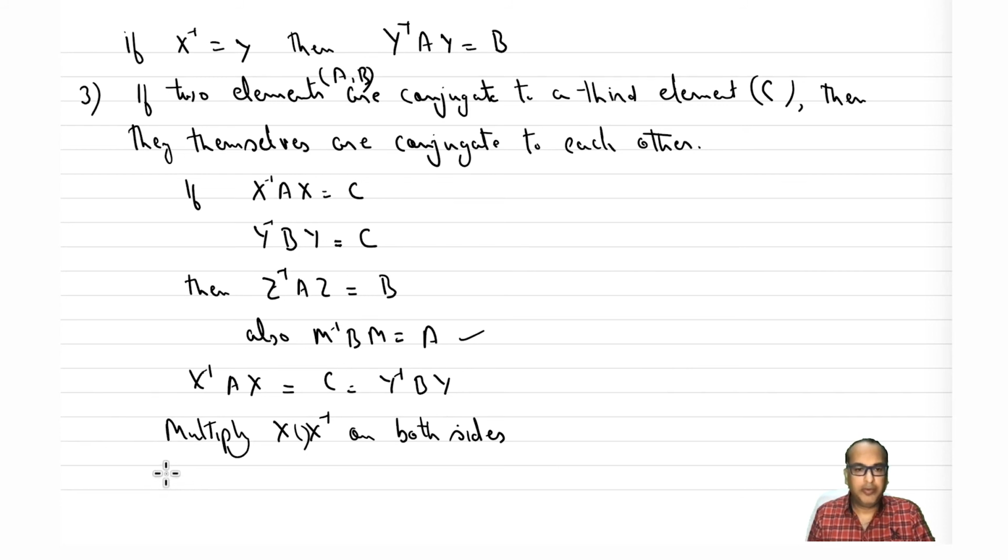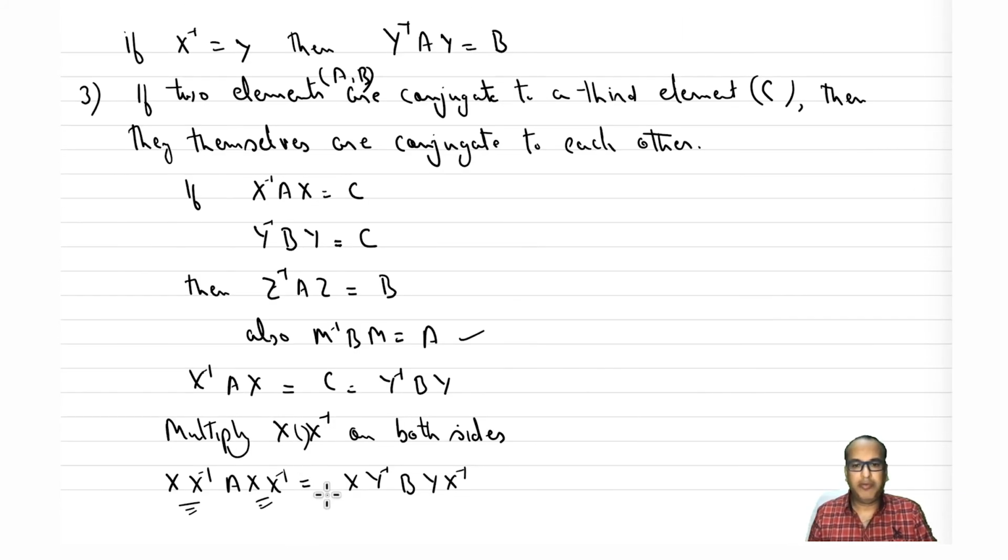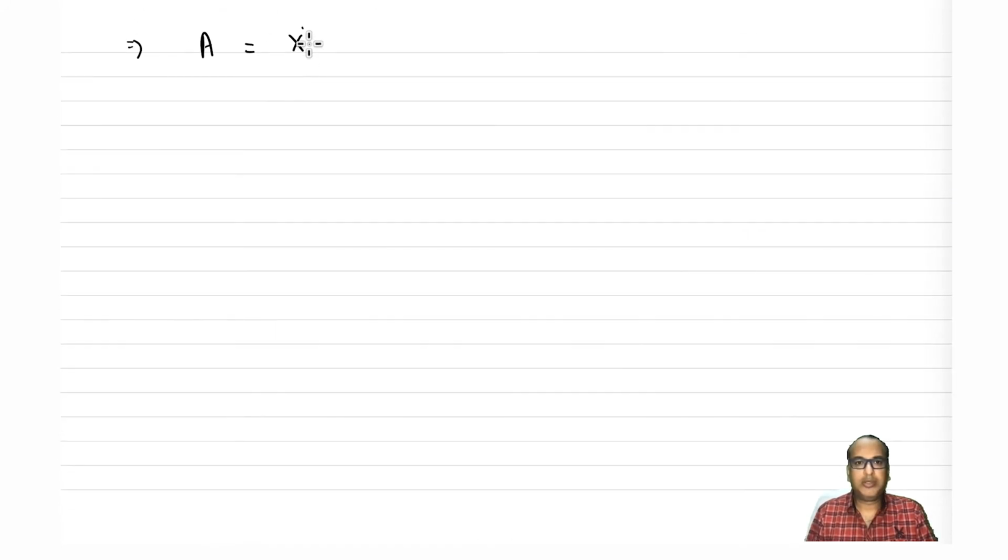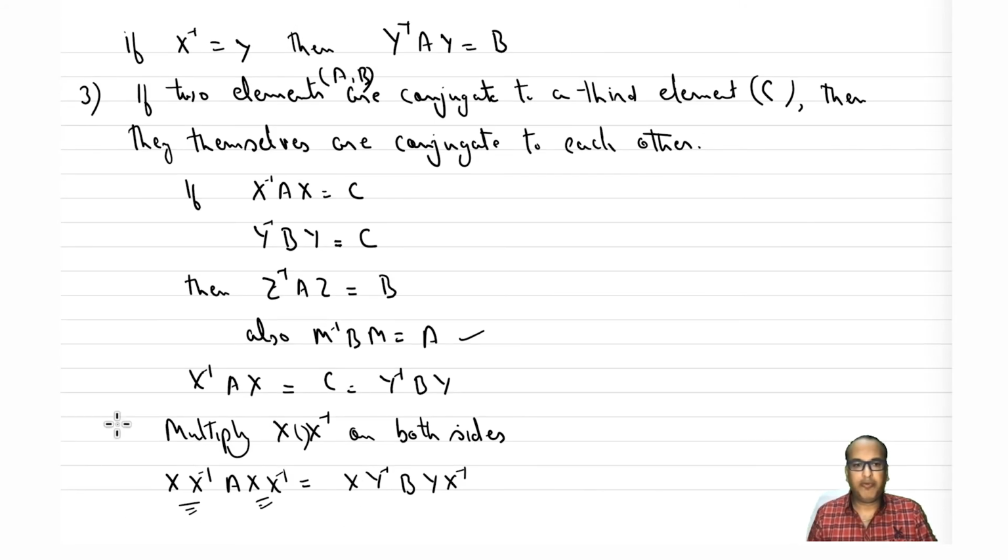Then what do we have here? x inverse A x inverse is equal to x y inverse B y x inverse, right? Now on this side, this becomes E, this becomes E, so we are left with A, and here we have x y inverse B, and we have y x inverse.